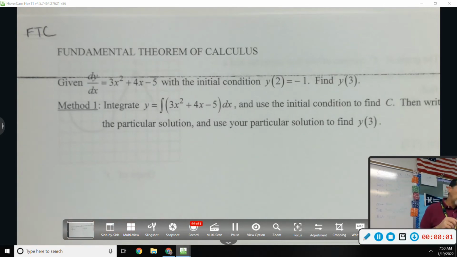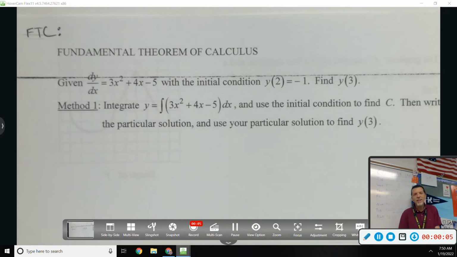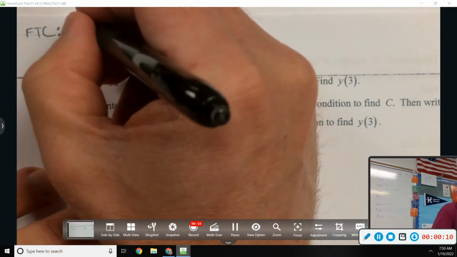Let's state what the fundamental theorem of calculus is. Once I write it, I think it will be obvious, but maybe not.